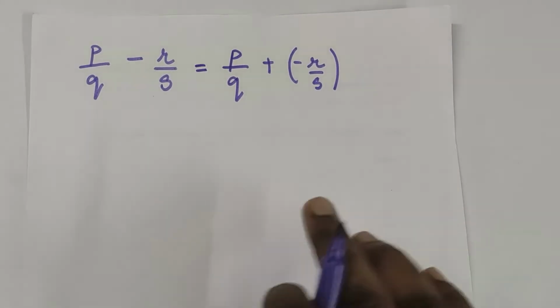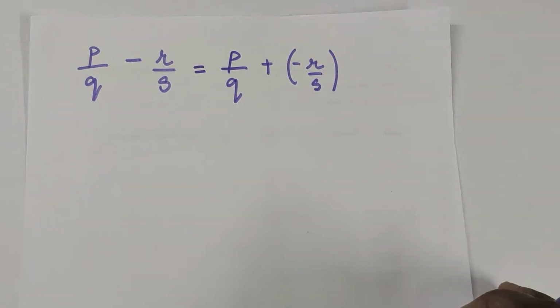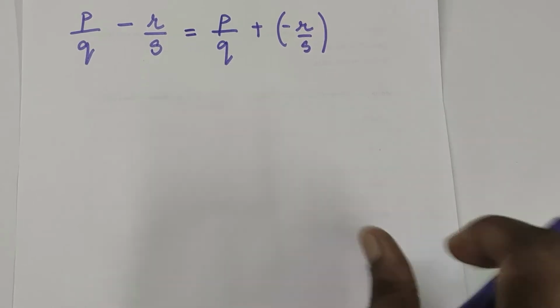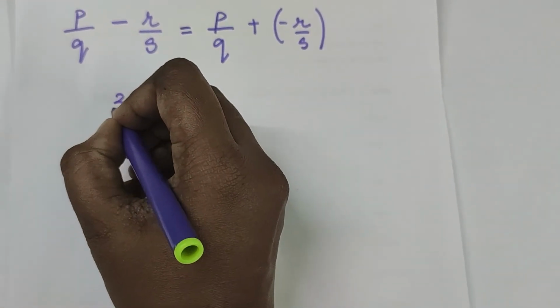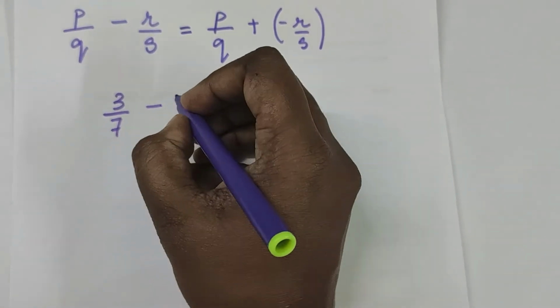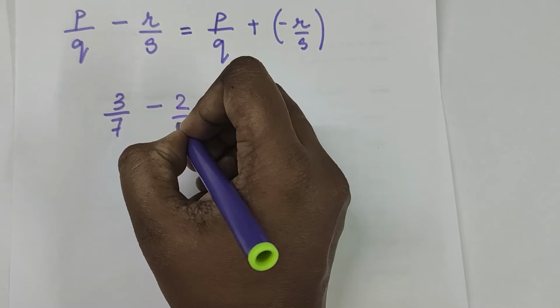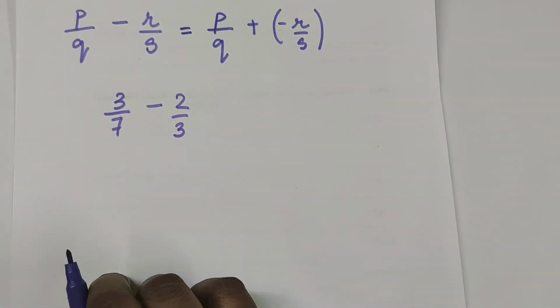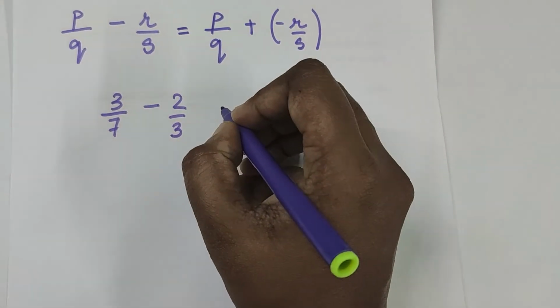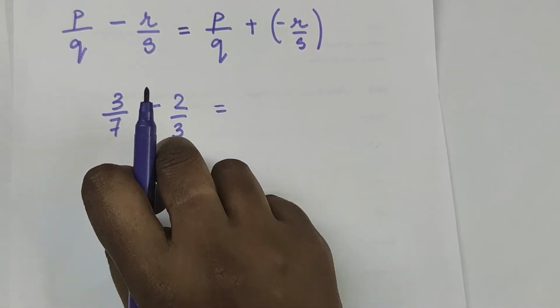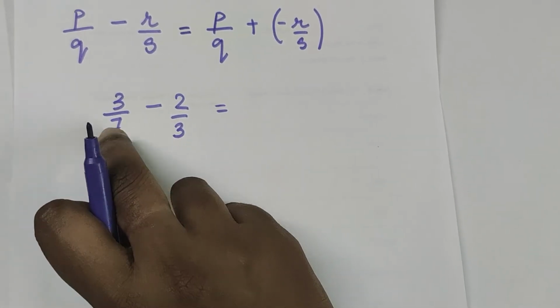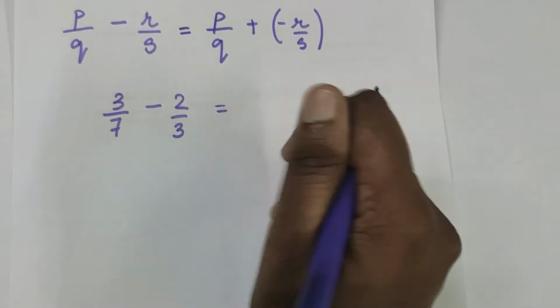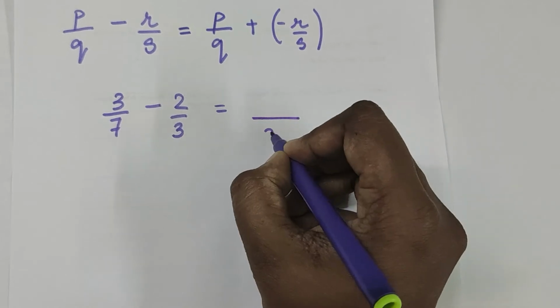So I'll give you a simple example to first show a subtraction. Suppose I take 3 by 7 minus 2 by 3. These are the two rational numbers, and when I subtract them, as we do in normal fractions, for 7 and 3 the LCM will be 21.